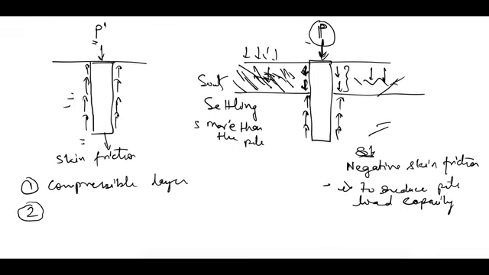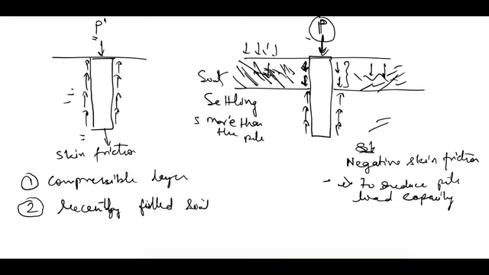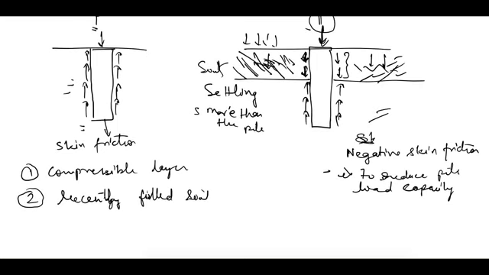Second reason can be recently filled soil. If you have just recently filled soil in this layer, then over time the consolidation of the soil will take place, and because of that negative skin friction will develop.